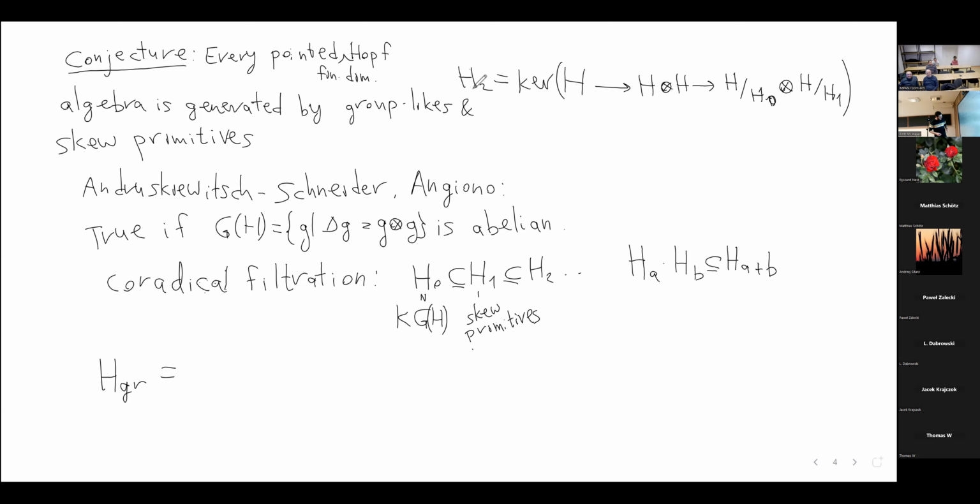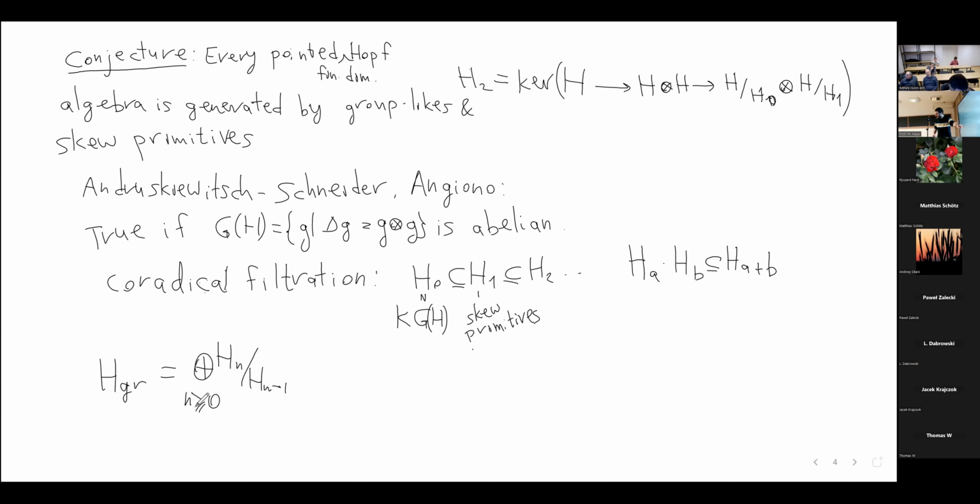Then the idea is that I can pass to the associated graded object, H^gr, which is the direct sum of H_n modulo H_(n-1), for n bigger than or equal to 0.